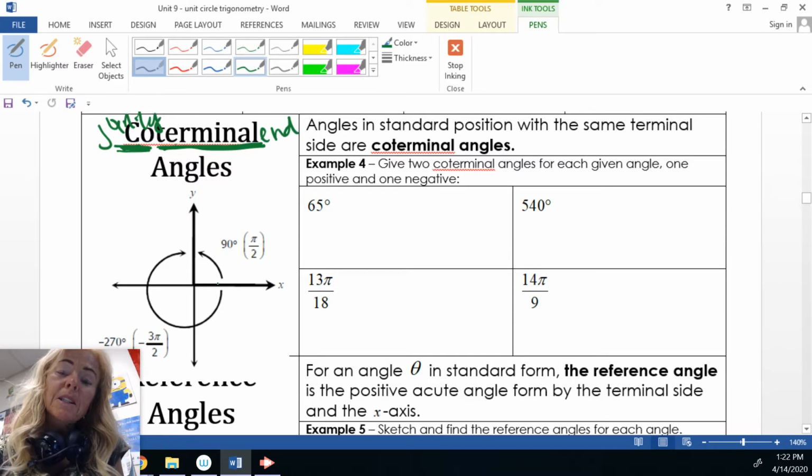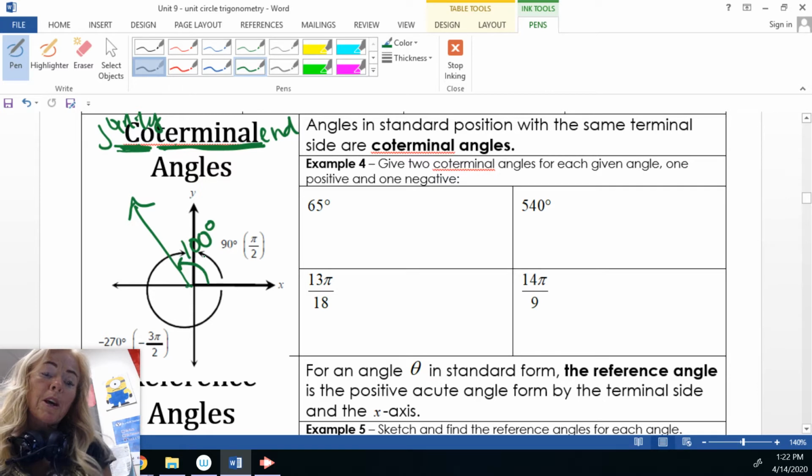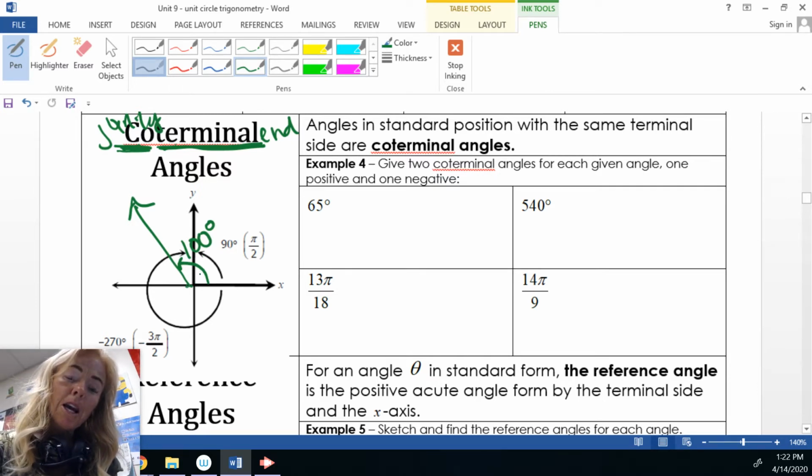So what that says is, I told you already that the angles, if I go right here to this angle, say I go to 100 degrees, right there, 100 degrees. If I'm at 100 degrees, remember that we can travel around and around an infinite amount of times.